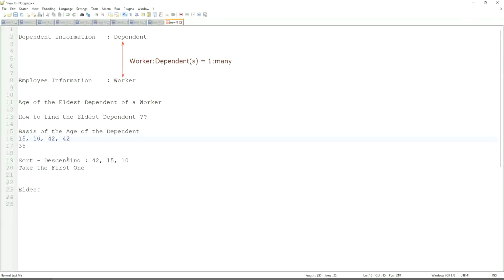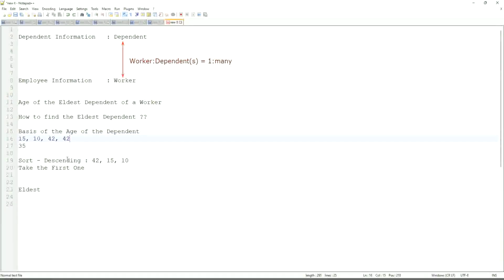Let's say if it is the same age, you are only looking for a spouse, not the child, maybe? Spouse and child most likely are not going to be the same age. But if there are multiple dependents, maybe you give a higher priority to the spouse. So in that case you have to think of another factor to act as a tiebreaker.